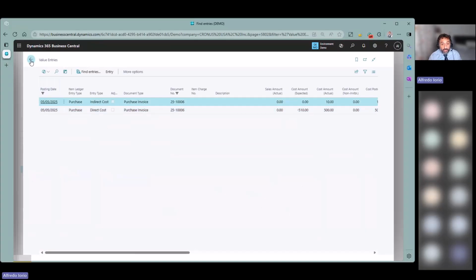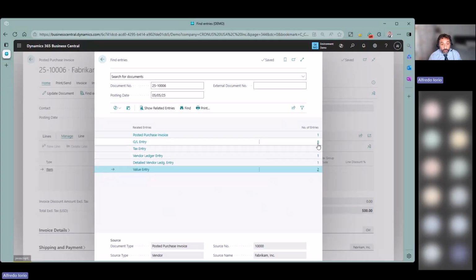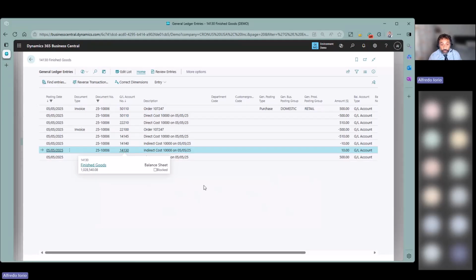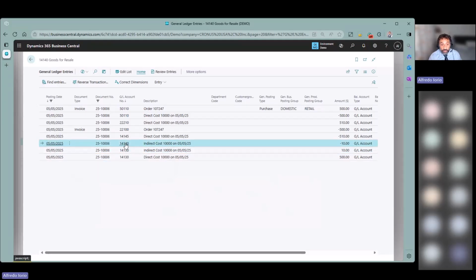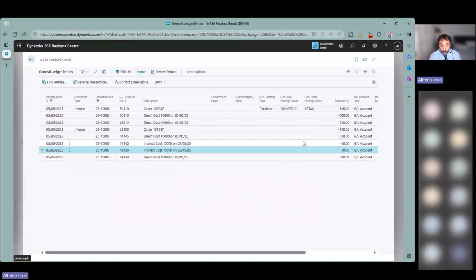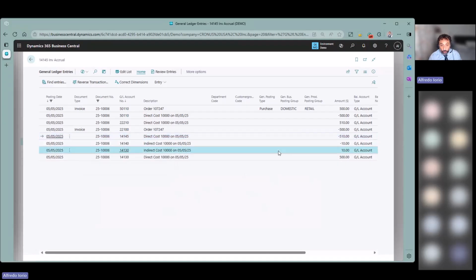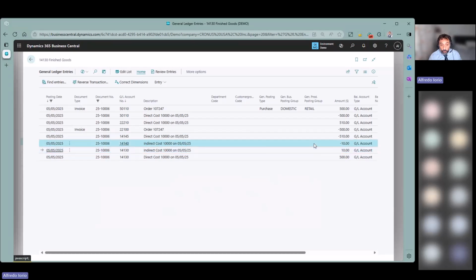And so the direct and indirect cost now, you will see the 10 be moved to finished goods, reversed from the, and they go into goods for resale. You can see it's being reversed from this one, inventory accrual. It goes into these two. So what is the balancing entry of this overhead applied?